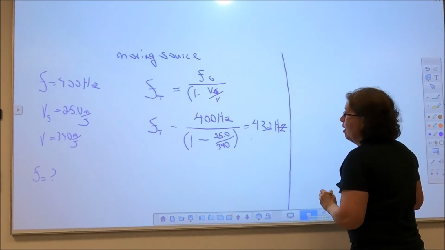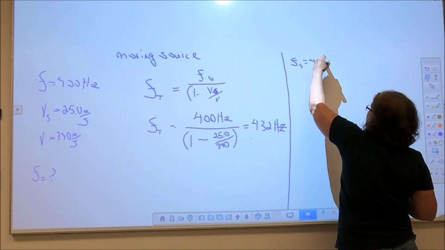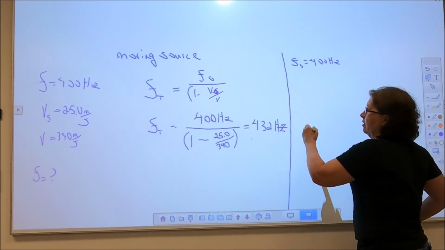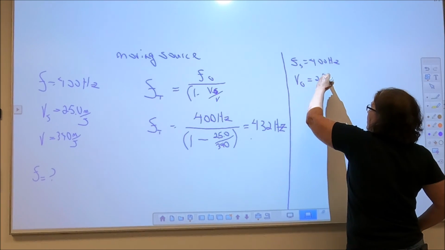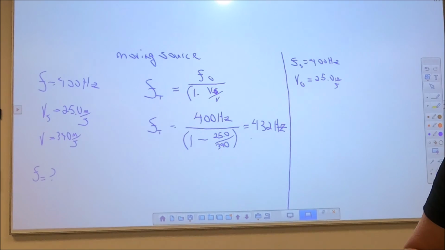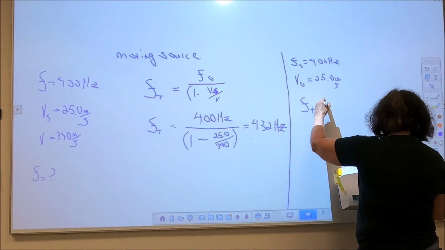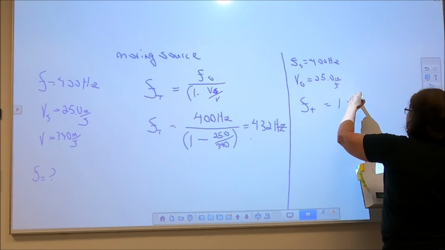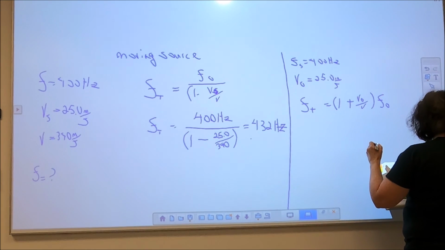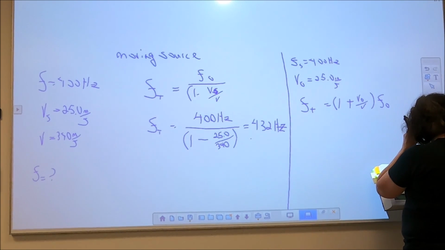Now, if we look at part 2 of the problem, now you're the source and your frequency is 400 hertz. And now the velocity of the observer is 25 meters per second. Okay? Because now we have a moving observer, and the moving observer is approaching. f plus is equal to 1 plus the velocity of the observer over the speed of sound times the frequency of the source.